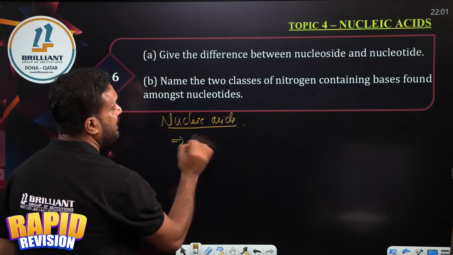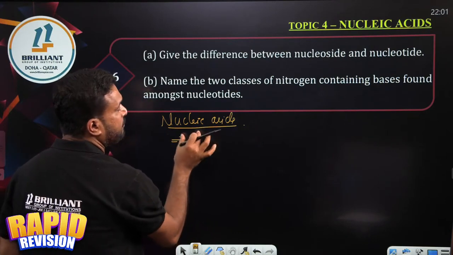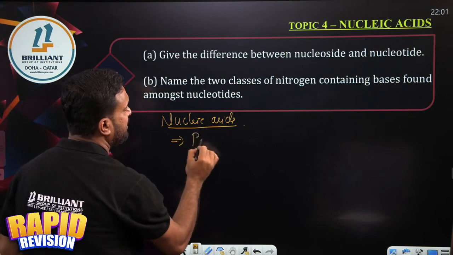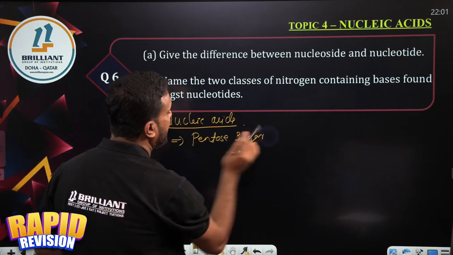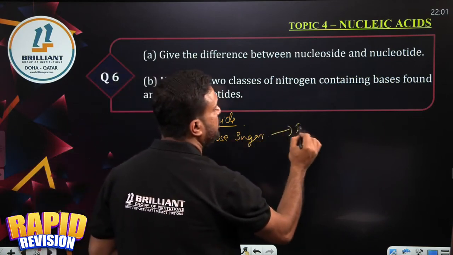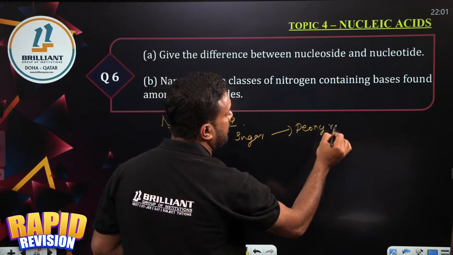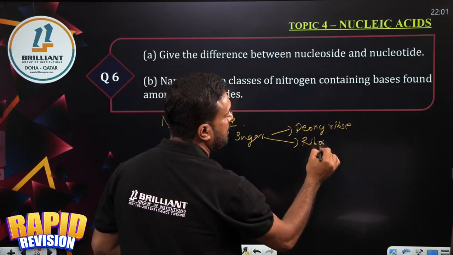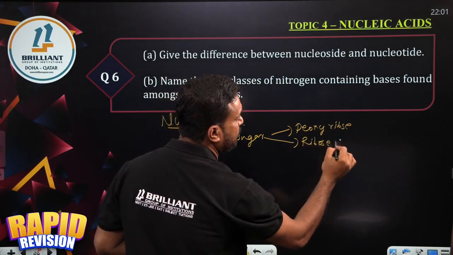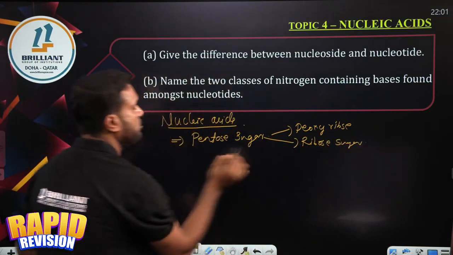One is a sugar, a 5-carbon pentose sugar. Pentose sugar means a 5-carbon containing sugar. It can be deoxyribose or ribose, which is why we have DNA and RNA.